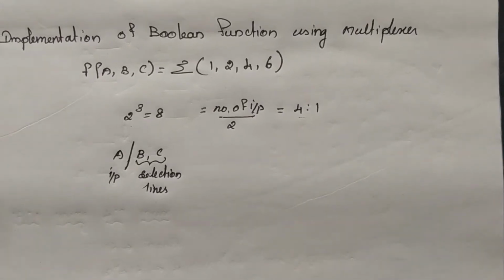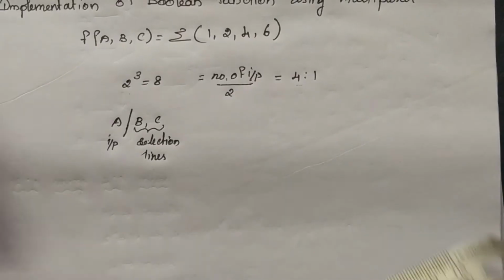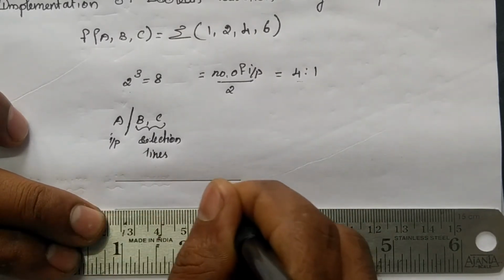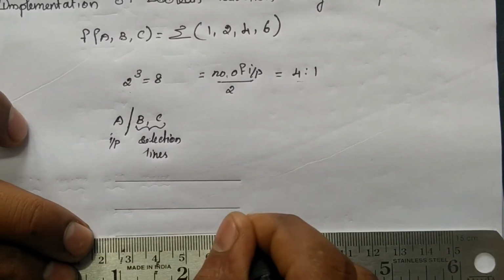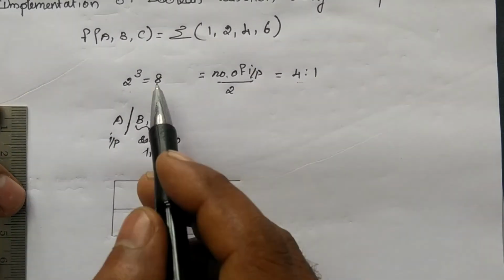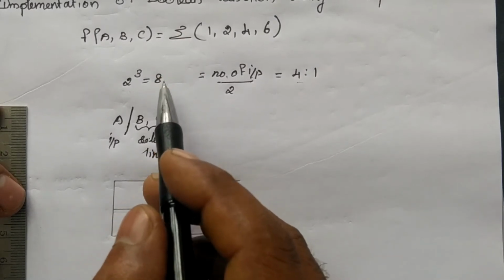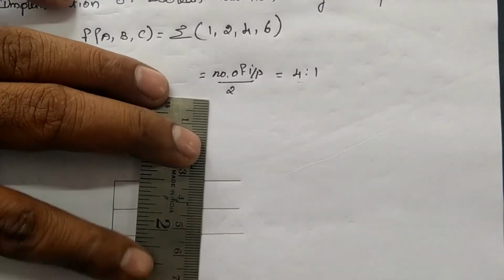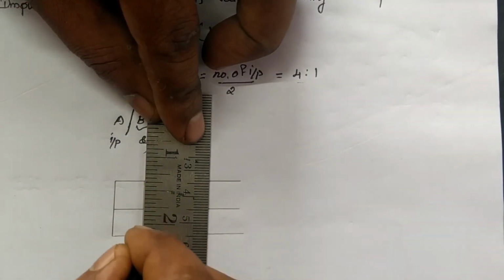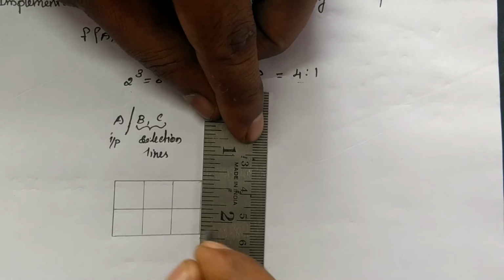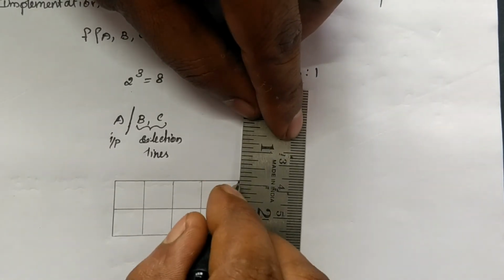For that, first we need to go for a table. The maximum input combinations are 8, therefore the table is divided into 4 columns: 1, 2, 3 and 4.